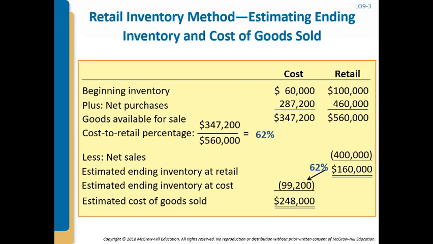Because of that, this technique is allowed for financial reporting purposes. Understand that this method can be used with different cost flow methods. You can modify this method to estimate ending inventory at cost and cost of goods sold using FIFO, LIFO, or average cost.